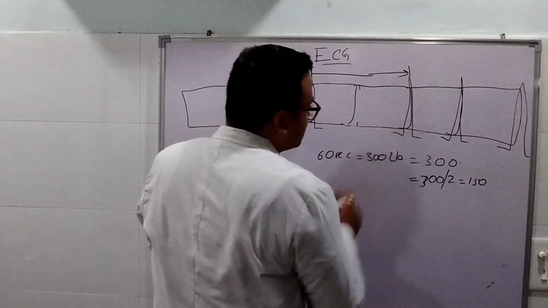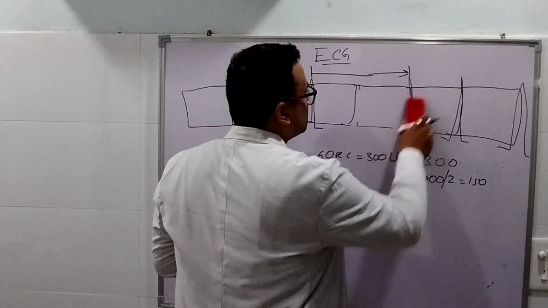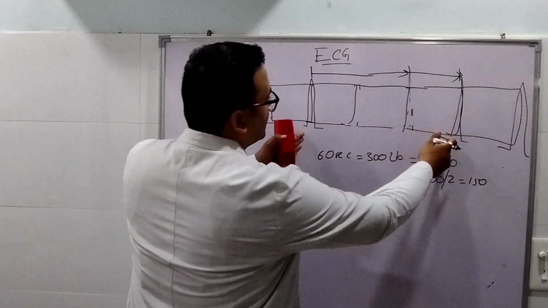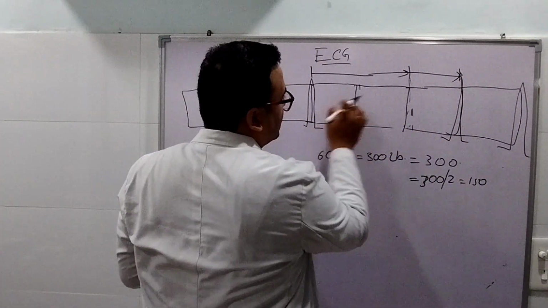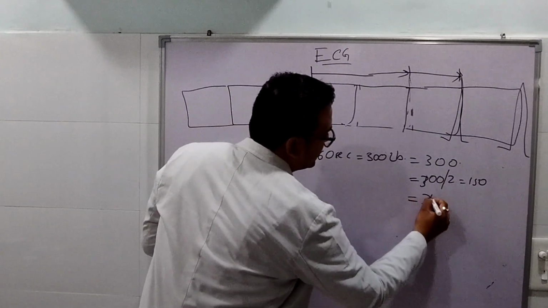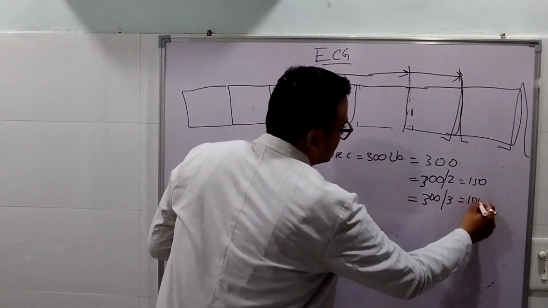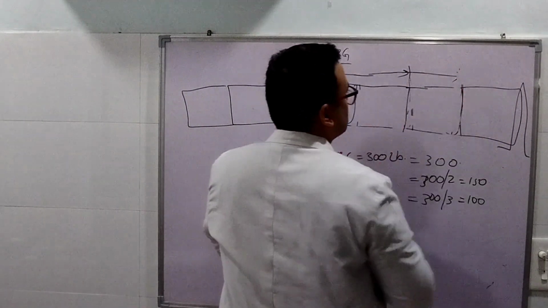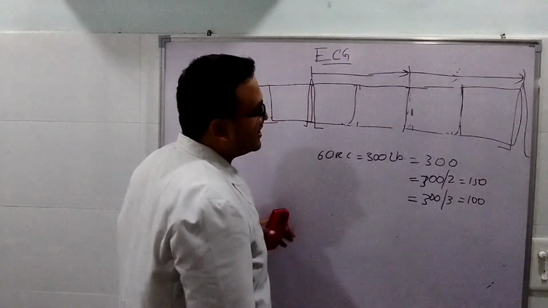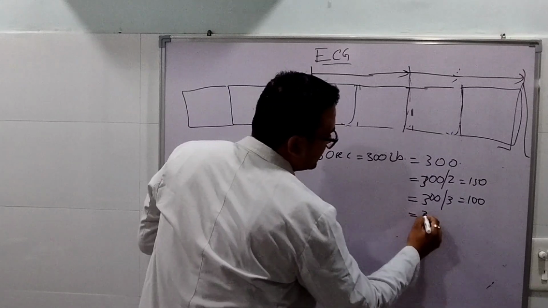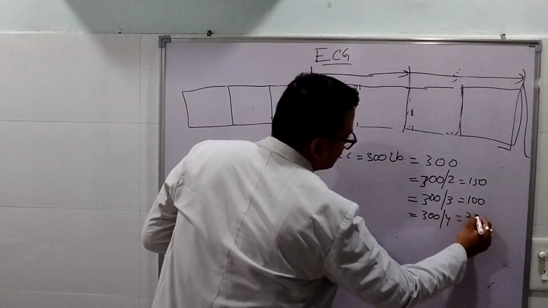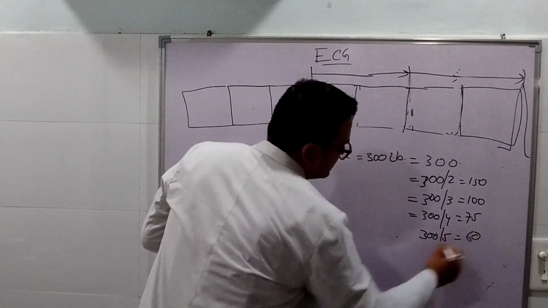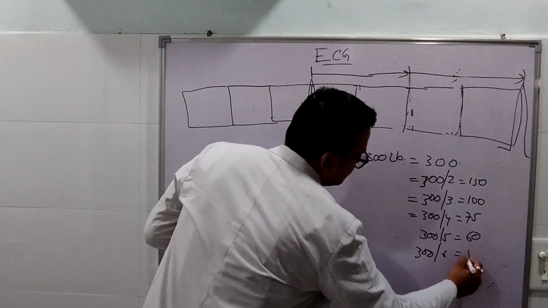If a QRS complex is there in every three large boxes, between two R waves there are three large boxes, then the heart rate will be 300 by 3, that is 100. If between two RR there are four large boxes, then the heart rate will be 300 by 4, that is 75, and so on. 300 by 5, that is 60. 300 by 6, that is 50.